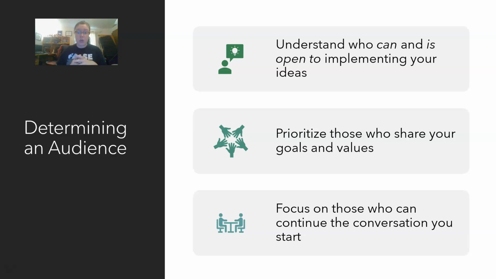So once you've determined exactly who can and is open to implementing your ideas, you want to start prioritizing those who share your goals and values. So let's say that you want to prioritize Washington County schools first. Okay, well, if that's the case, the superintendent for that area would be more than ideal because, like you, the superintendent is going to value the well-being and the success of those enrolled in Washington County schools.